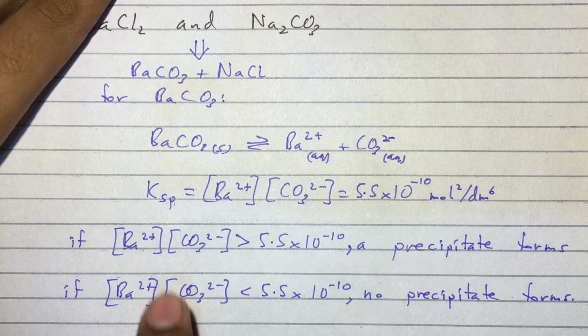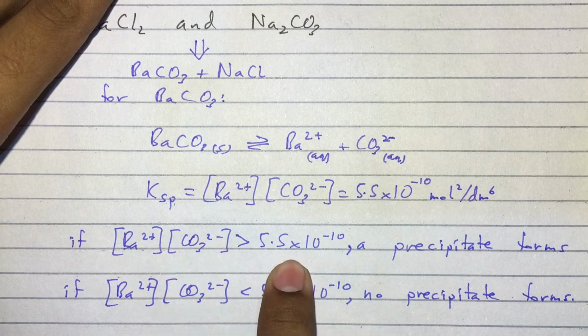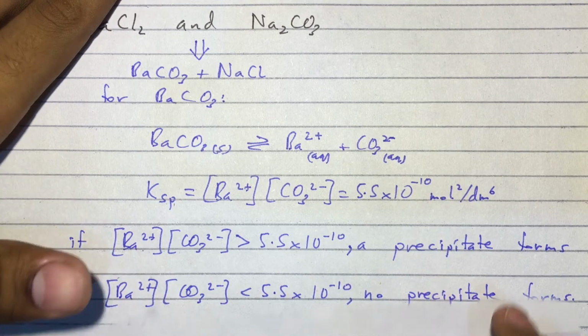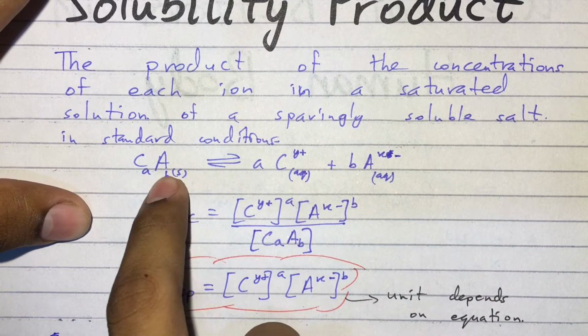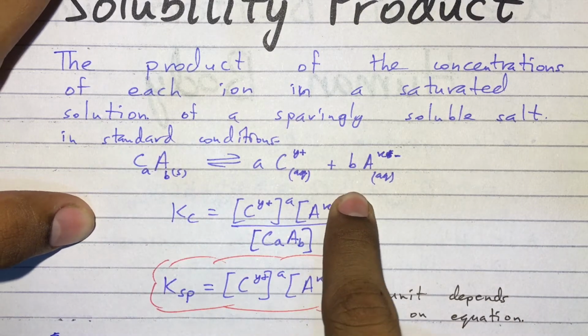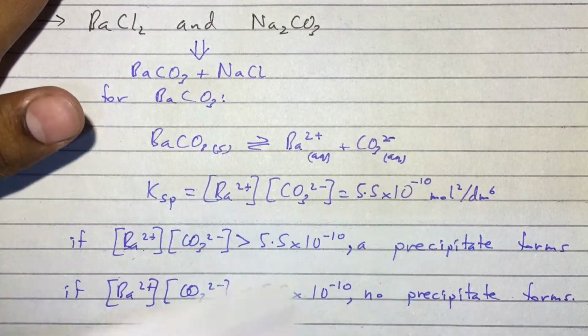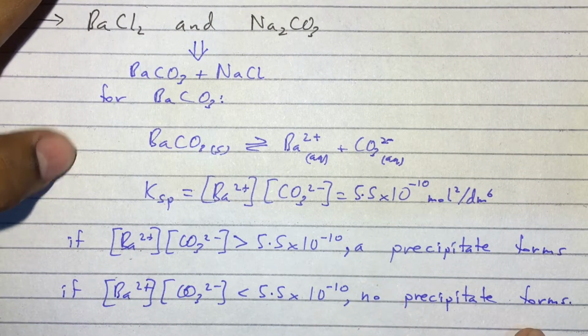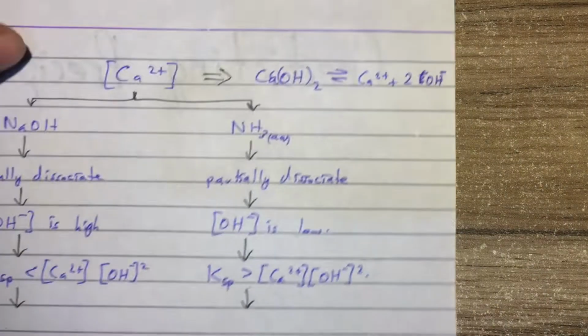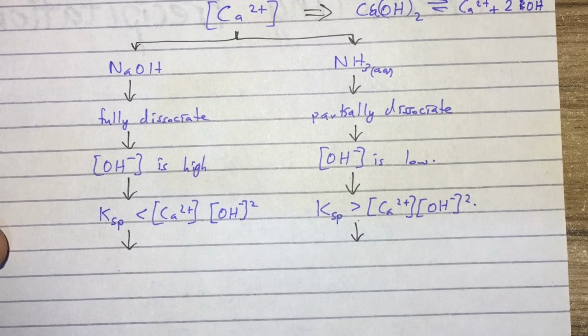So when the product is more than the Ksp value, then a precipitate forms. However, if the product is less than the Ksp value, then equilibrium shifts towards the right hand side, and the solid dissolves completely. So there is no precipitate. I hope that's clear.